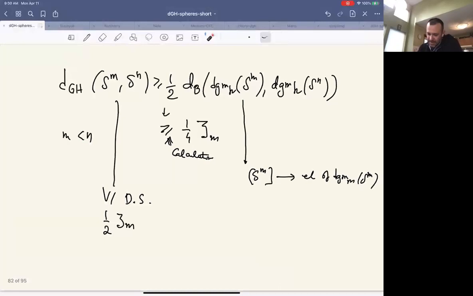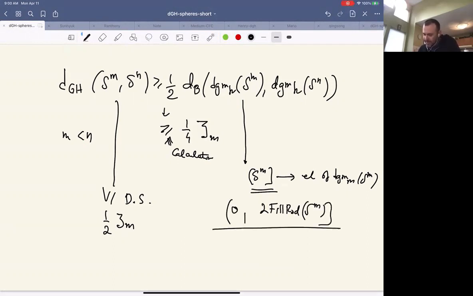The way we estimate this number is by understanding how long this fundamental class lives through the filtration. That led to the filling radius of SM, and essentially proving that the filling radius of SM always yields an element of the barcode of SM. And then Katz had computed this filling radius, and twice the filling radius is equal to Zm.